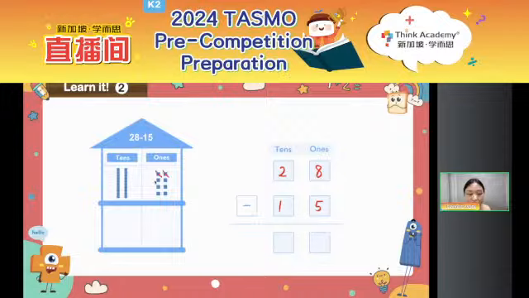So take away 5 ones, and then take away 1 ten, one group of 10. So what do we have left? Here it is 1 ten, right? And 3 ones. So we need to start from the right, start from the ones digit. So 8 minus 5 equals 3, and then 2 minus 1 equals 1, right? So we can get our final answer here.